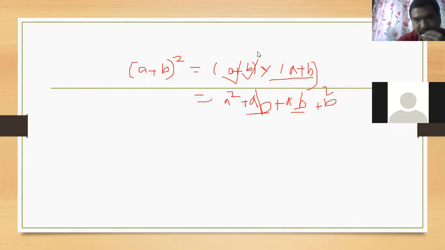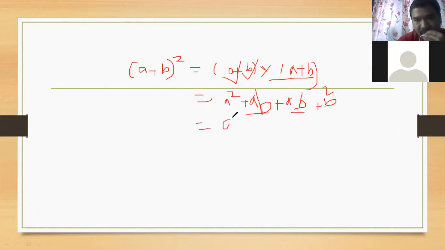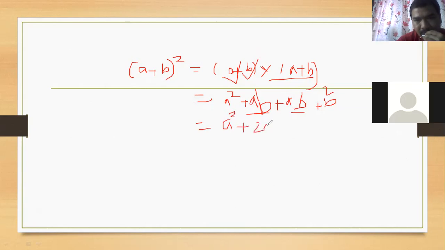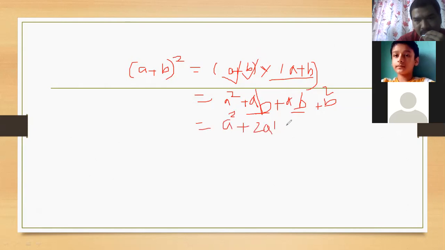Then when you add ab with ab, what will you get, students? Do you know? Sir, 2ab. Very good. That's why a square plus 2ab, and the next one is plus b square.